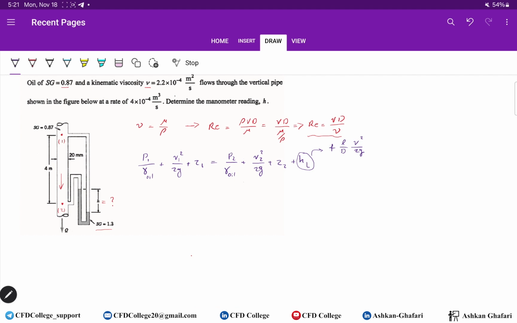What do we know about these? We want to find P1 minus P2, so pressures are not a problem.